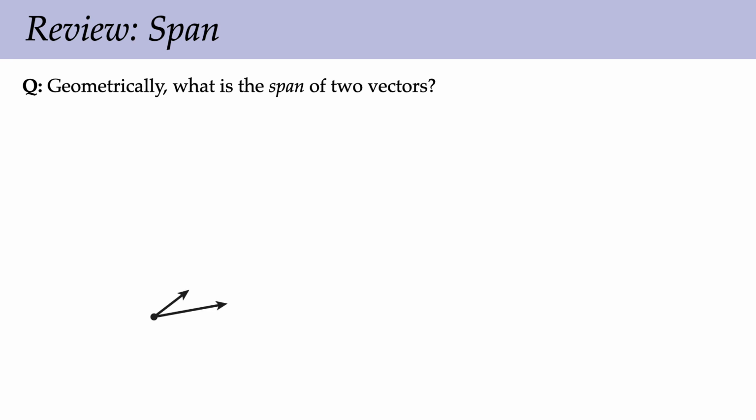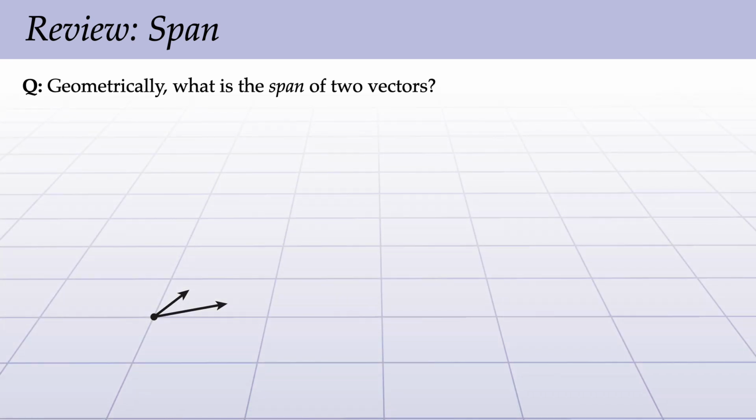A good analogy to think about here from linear algebra is the idea of the span. So geometrically, what was the span of two vectors? Well, if these two vectors are, let's say, in three-dimensional space, you might imagine that the span gives us the whole plane of points in that space that we can get to by walking some distance along u and then walking some distance along v.